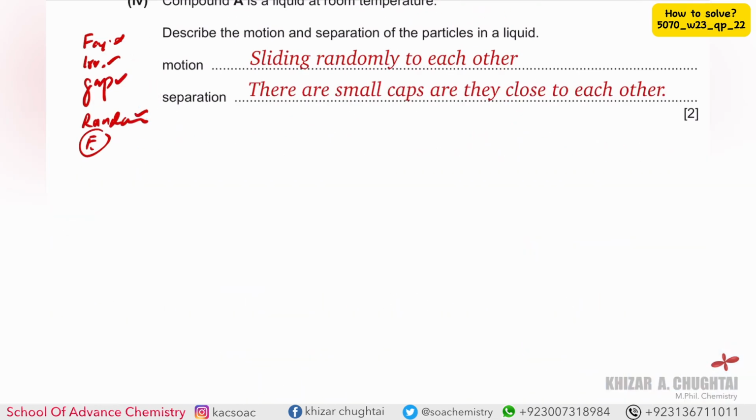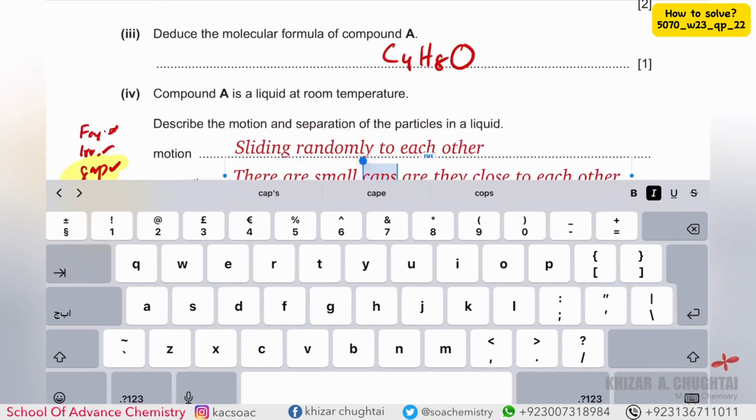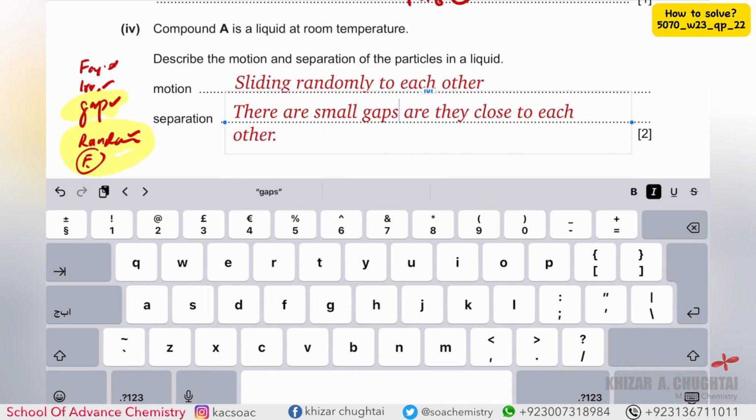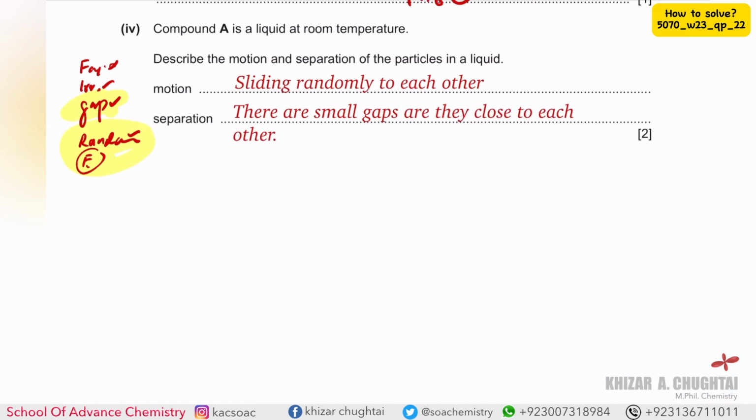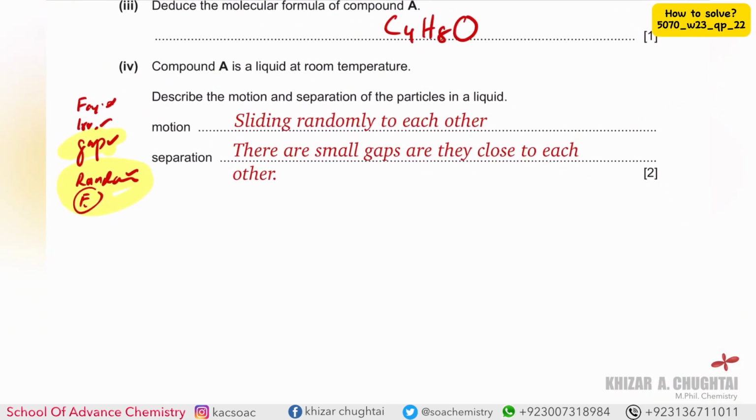So these are the appropriate reasons. There is random movement basically. And gaps, separation mean how separated they are, and how close they are basically. So they are close to each other. There are small gaps between the molecules.